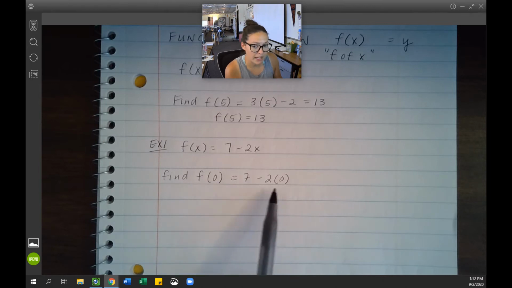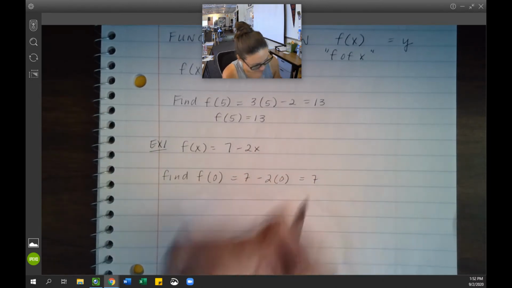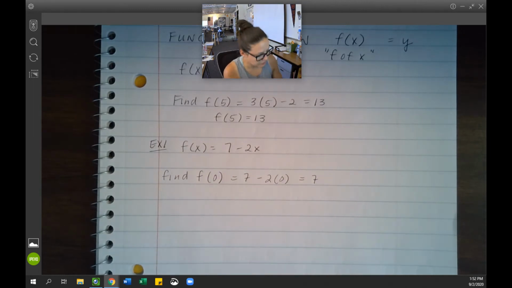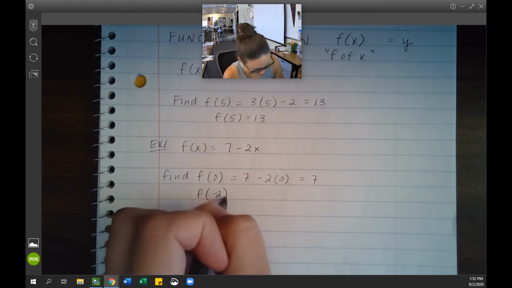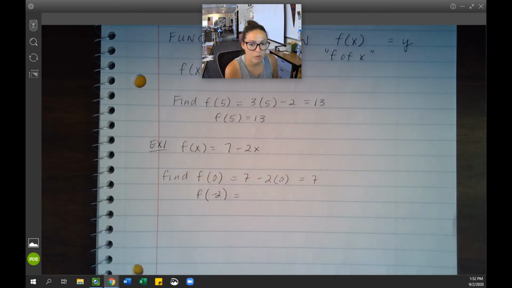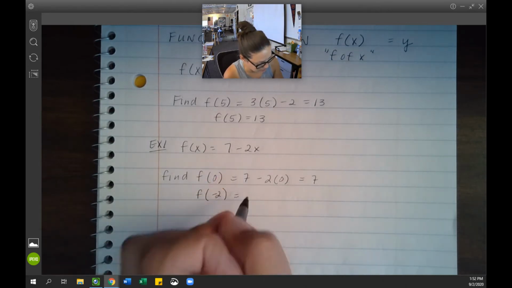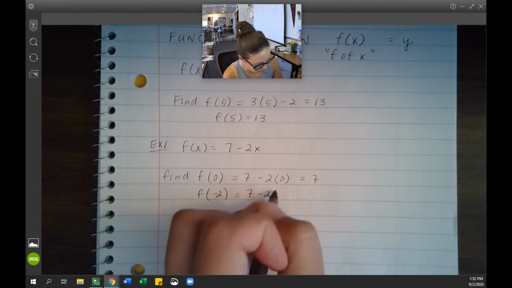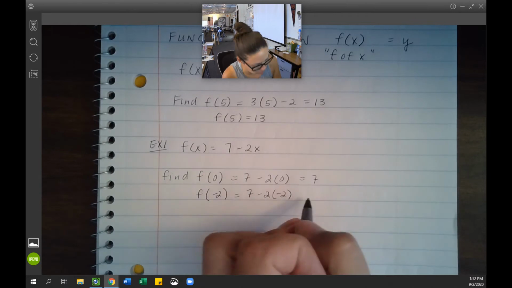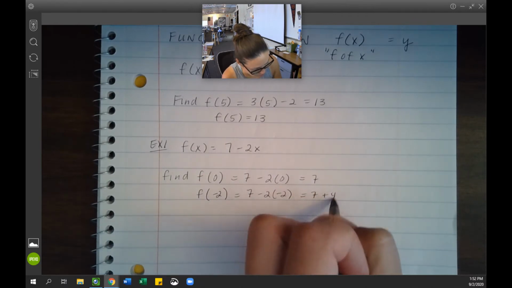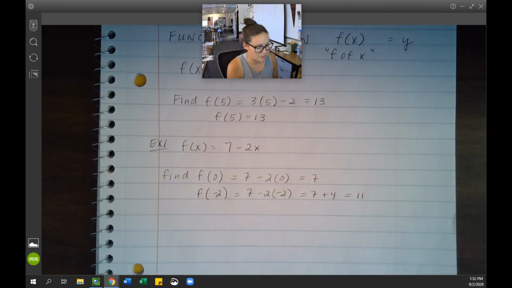Well, follow PEMDAS. 2 times 0 is 0, and 7 minus 0 is 7. Let's do f of -2. Well, now I'm going to put -2 in for x. -2 times -2 is 4, so I have 7 plus 4, which gives me 11.